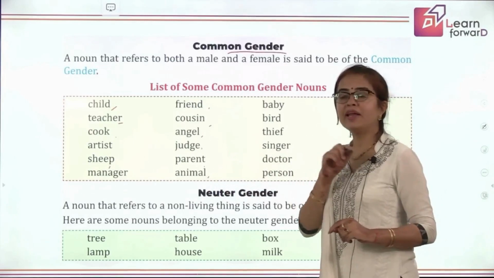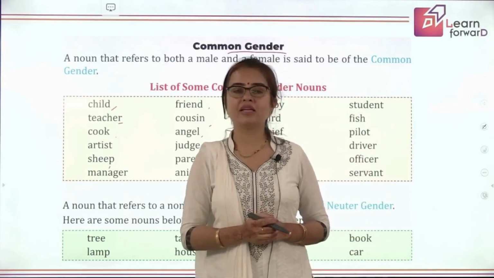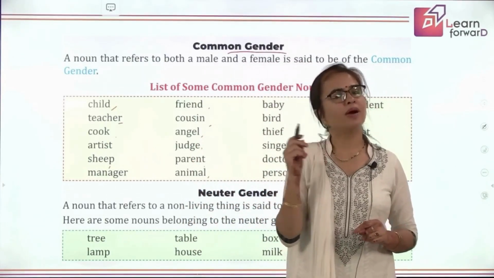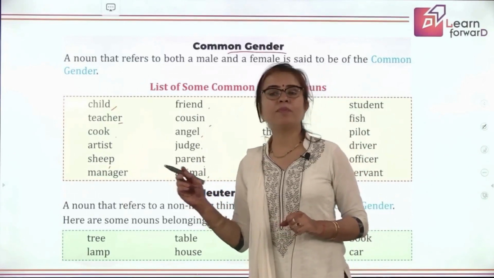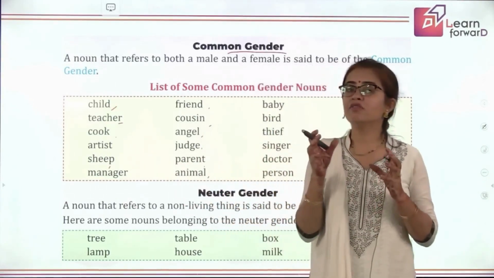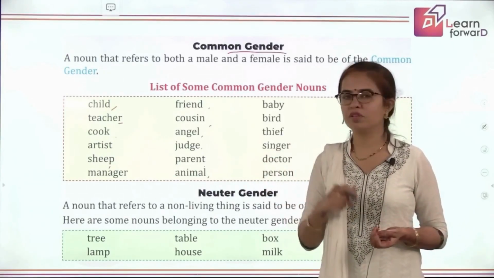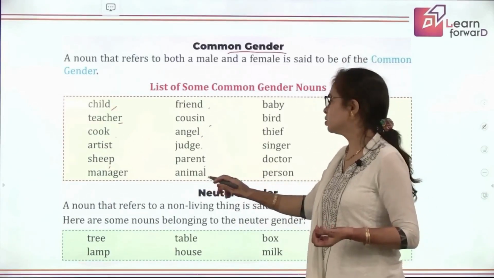See, for parent, when you are saying it for both of them you say parents, for single you say parent, and when you have to specify you say mother or father, right? So as a parent, when you have a parent teacher meeting, it's not fixed that a mother has to go or a father has to go. Some students will come with the mother, some will come with the father. So parent is common gender.